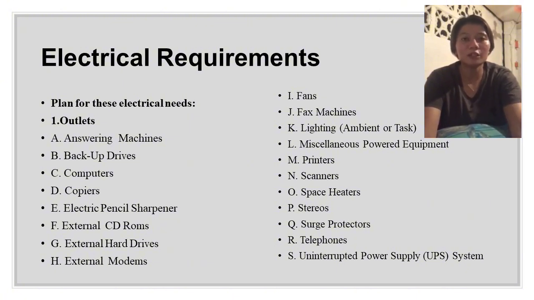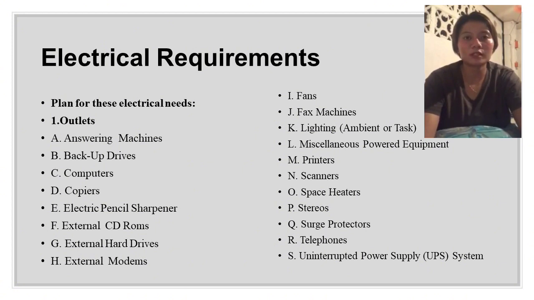So lighting, there are two types of lighting, ambient and task. Then miscellaneous powered equipment, printers, scanners, space heaters, stereos, surge protectors, telephones, and the uninterruptible power supply systems.